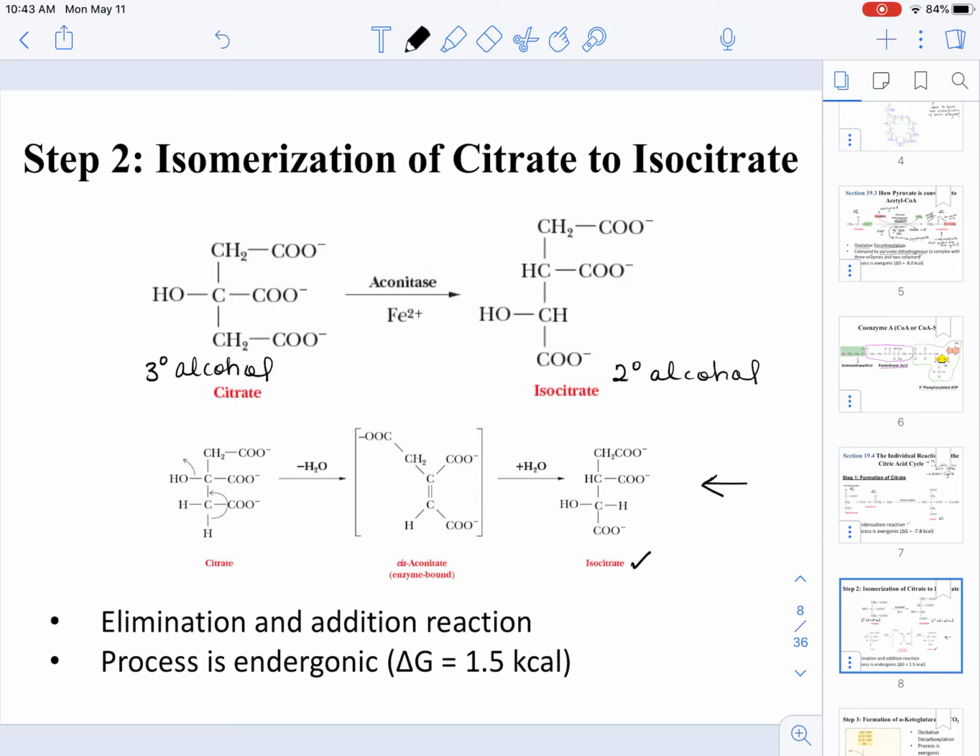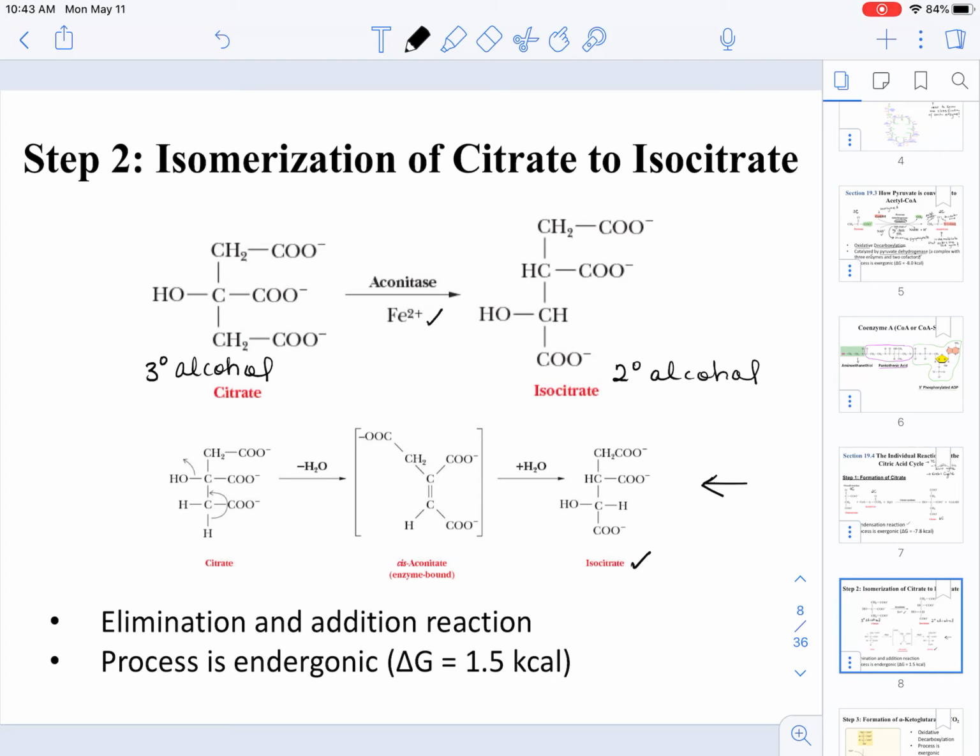So remember, even though overall it is an isomerization, aconitase is not an isomerase enzyme, I should say. Understand that aconitase needs a divalent cation, in this case iron, in order to have this reaction accomplished. This process is actually endergonic, and you may be asking yourself, okay, so if this process is endergonic, how can it even proceed?